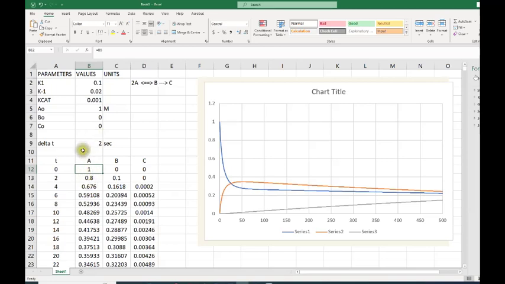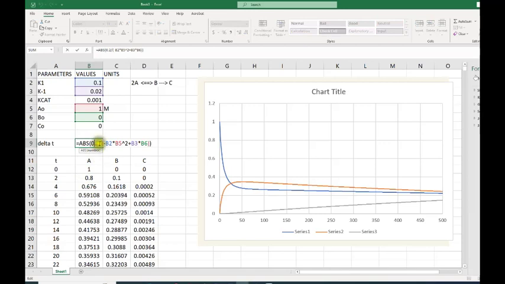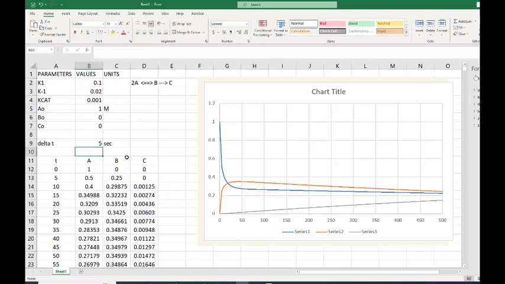Because that's what I put for the calculation of delta T. I can put 0.5, that's the precision that I want on my concentration. So as you can see, this is how it will look like. Less number crunching, but it still looks good, so I don't see a big deal.